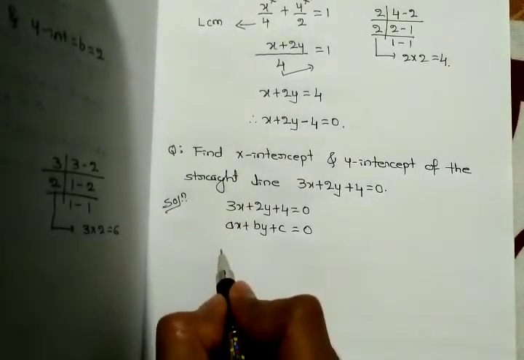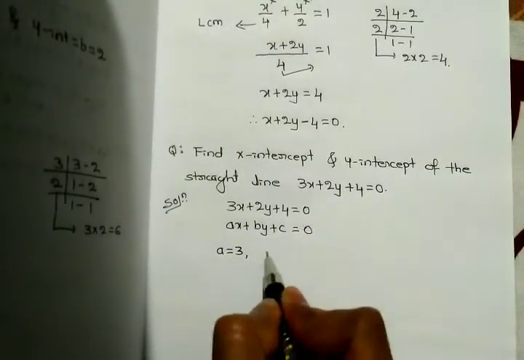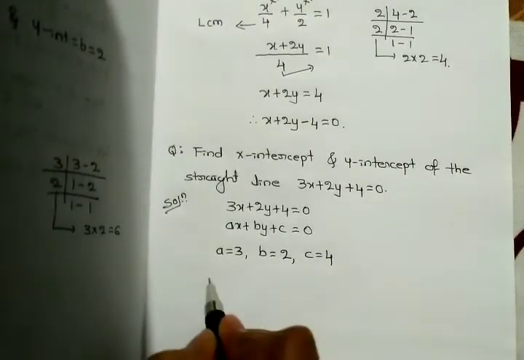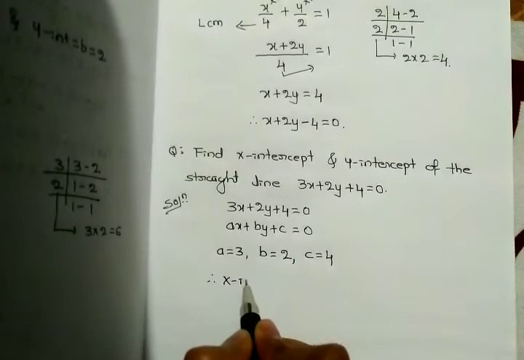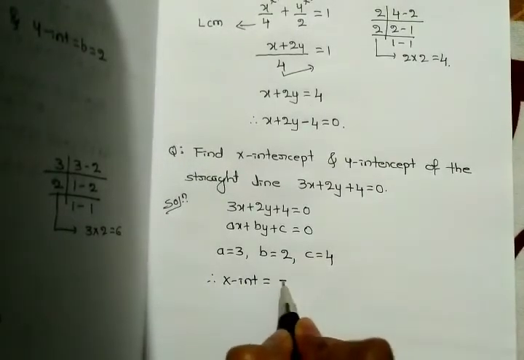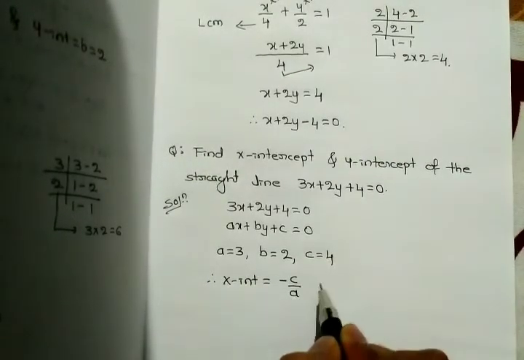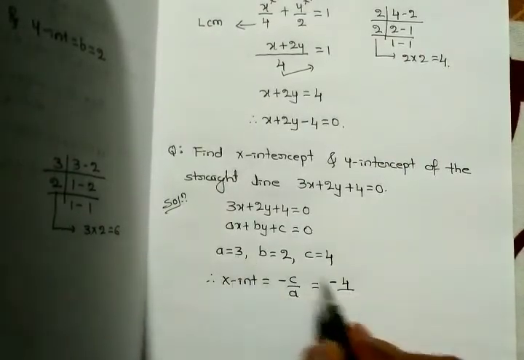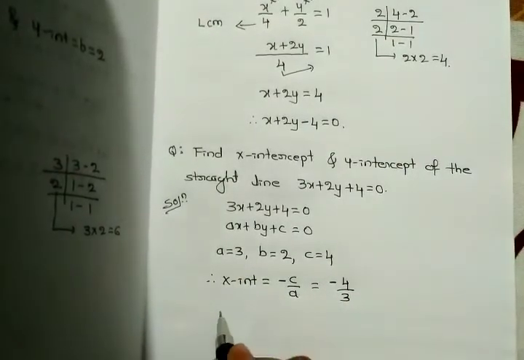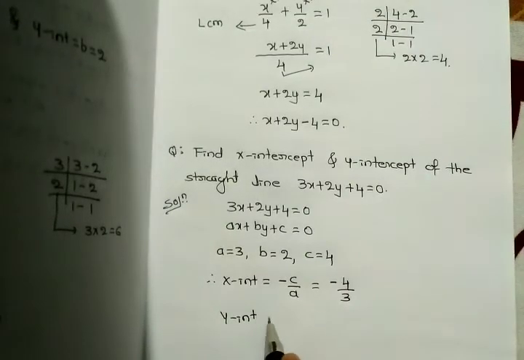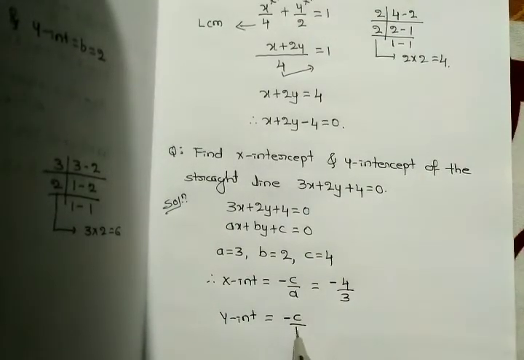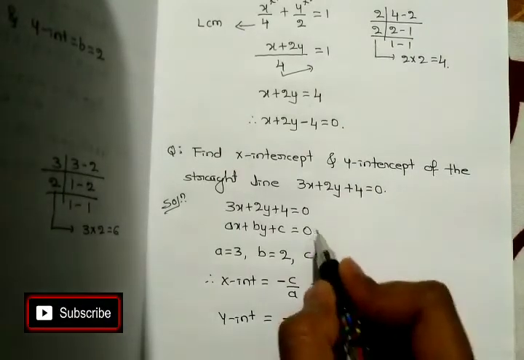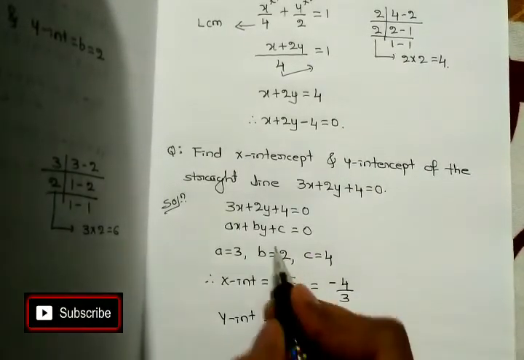So here a is equals to 3, b is equals to 2, and c is equals to 4. Therefore x intercept formula minus c divided by a. So minus c is 4 divided by a is 3, and y intercept minus c divided by b. So minus c is 4 upon b is 2.